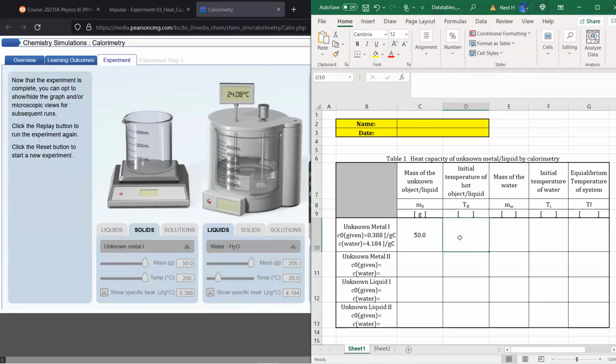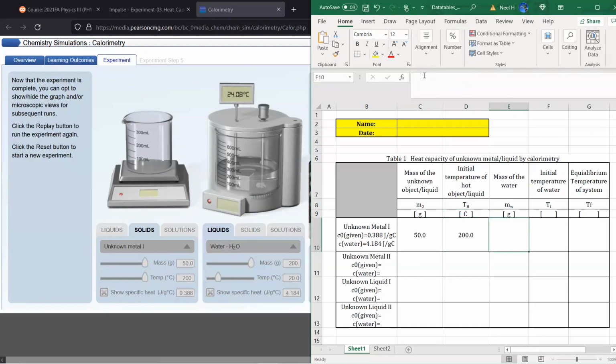One decimal. And the initial temperature of the hot object is 200, but we'll add 10 there because the actual simulator can show us 4 sig figs, okay? If you go to any other temperature, it will show us an extra decimal place. So we'll keep that one decimal place accuracy in unit Celsius. Okay, then the mass of the water. Remember, the simulator doesn't have the metal part, right?